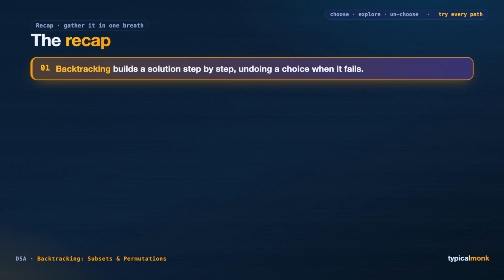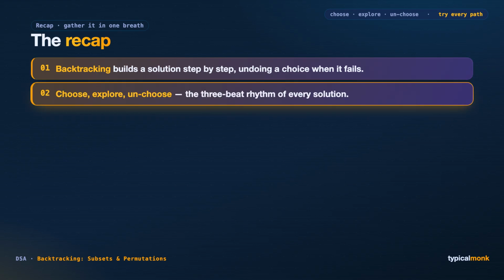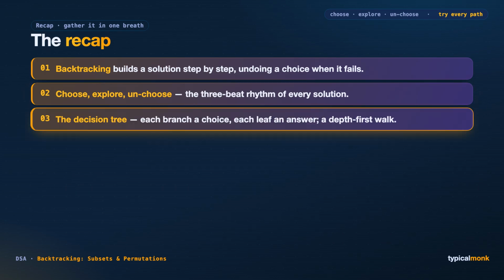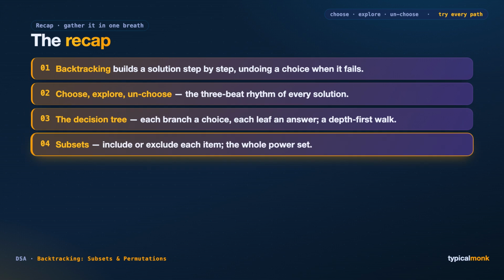Let us gather the whole class in one breath. Backtracking builds a solution, one choice at a time, undoing a choice the moment it cannot work. Its rhythm is three beats: choose, explore, unchoose. In every solution you write, it is a depth-first walk of the decision tree, each branch a choice and each leaf an answer.